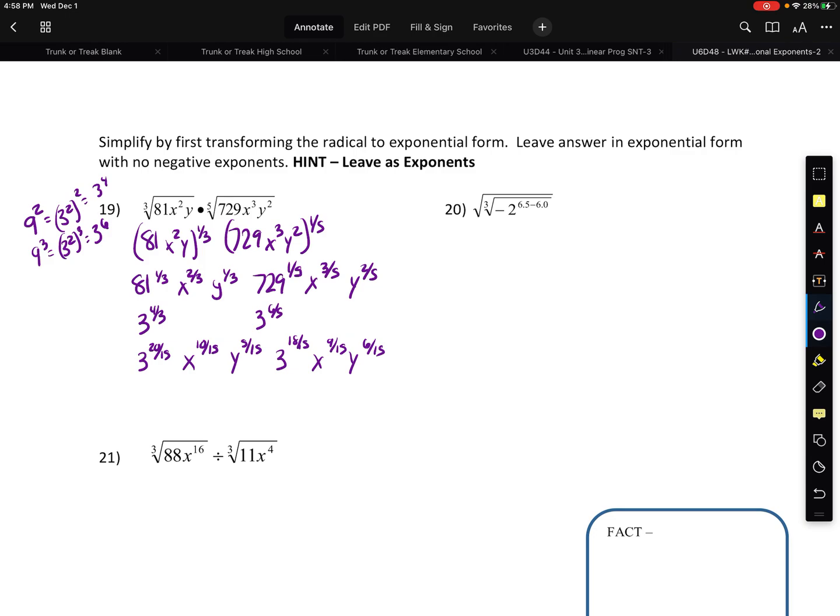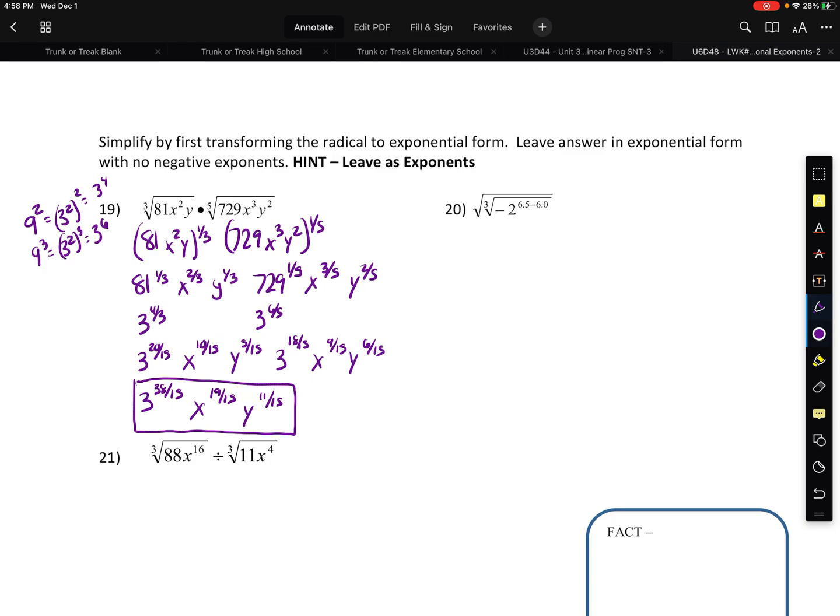So I got a big thing going here. I got 3 to the 38 over 15, x to the 19 over 15, y to the 11 over 15. Even though that's insanely large and disgusting, that 3 to the 38th over 15, we can't simplify, so we're okay to leave it like this. And that's the best possible answer.